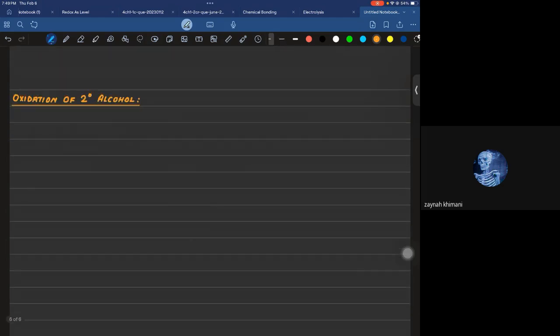Secondary alcohol is CH3, then C, then OH, then CH3, then H. So again the conditions are the same. The oxidizing agent is the same, heat under reflux, so this is going to be produced.